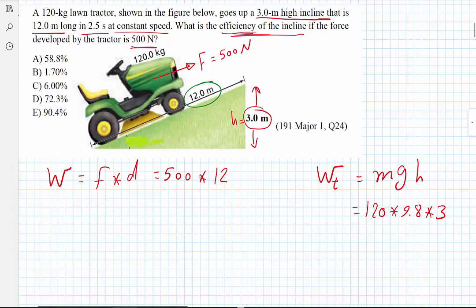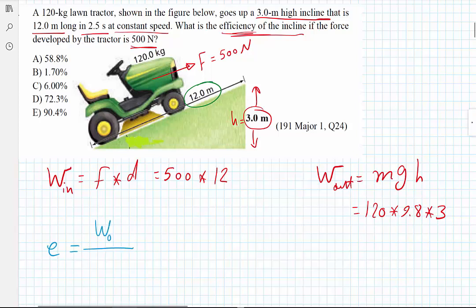So now I know the input work and the output work. The input work is the first one, and the output work, which is the result of the motion, is the second one. So the efficiency, as we remember, is what? The output work over the input work.